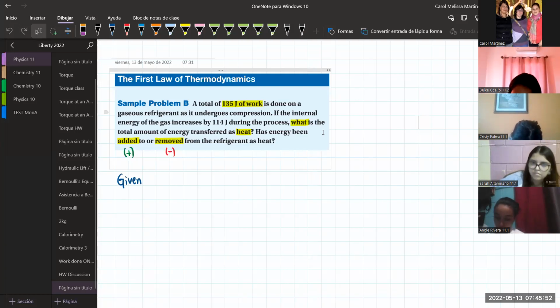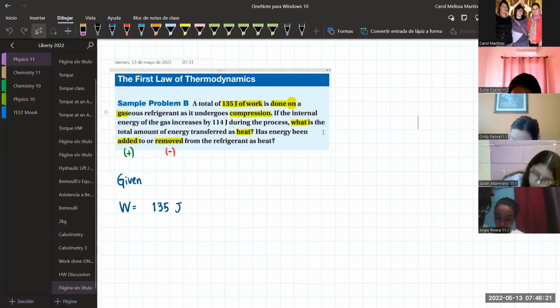It says this work is done on a gas. Okay, it says done on a gaseous refrigerant. And then it says undergoes compression.